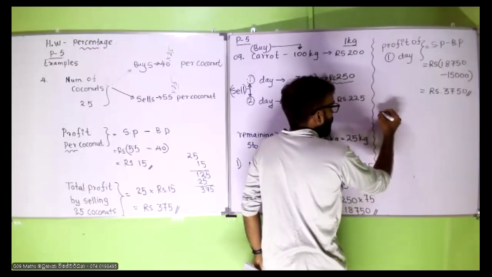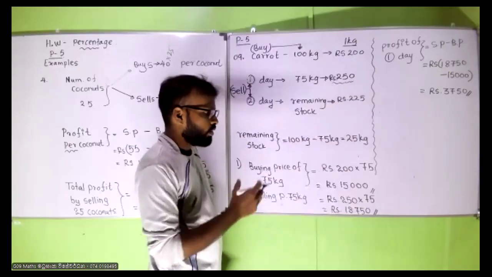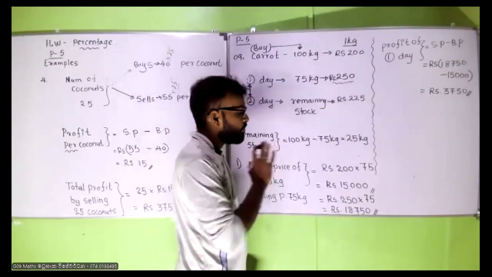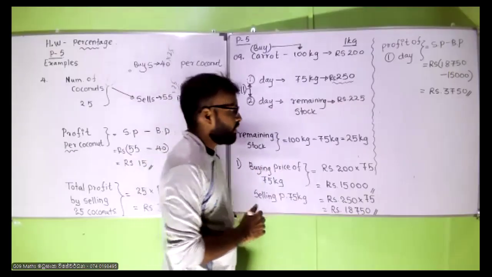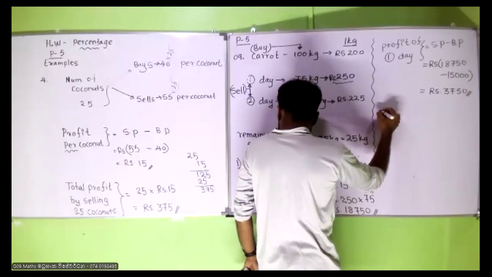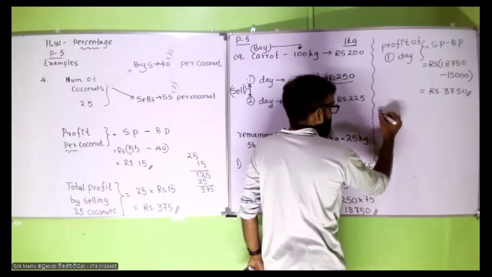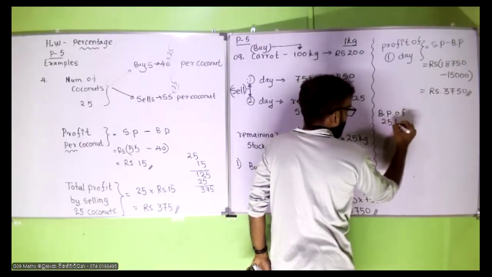So now we have 25 kilograms left. So do the same thing for the 25 kilograms for the second day as well. Correct? Right. Buying price of 25 kilograms.